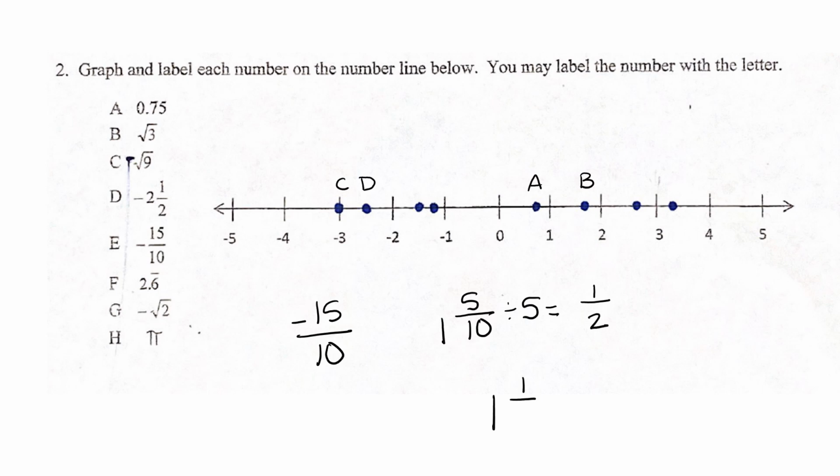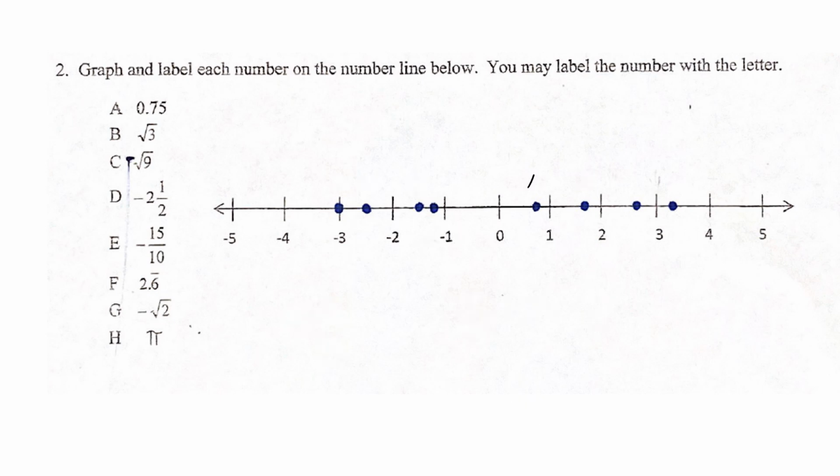My fraction would be 1 1/2, but we also have a negative sign, so that would be a negative 1 1/2. When we're placing our number on the number line, we would start at the negative 1. We also have the fraction 1/2, so we would go a little bit further and label that point E on the number line. Halfway in the middle is point E.